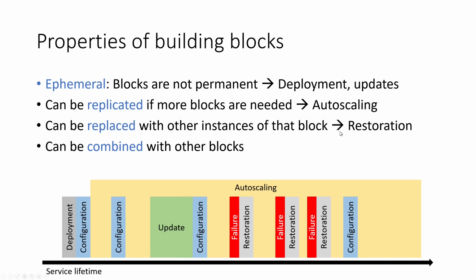So we replace the failed block with a new one, and this supports restoration. And the ability to combine different blocks allows us to build complex services. For example, we might have a building block that takes care of handling web requests and another building block that takes care of a database. So we can combine these two to create a web application that has permanent storage.